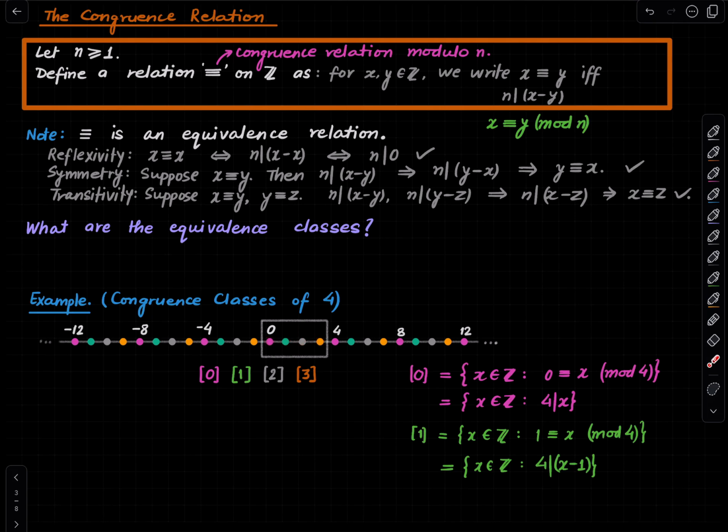All the possible remainders that you can leave when you divide something by 4 are a set of representatives for all the equivalence classes, right? And I would encourage you to pause the video and try to describe the equivalence classes for any n. It's a very, very similar discussion. Okay, let's move on.